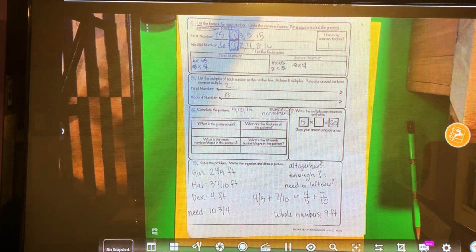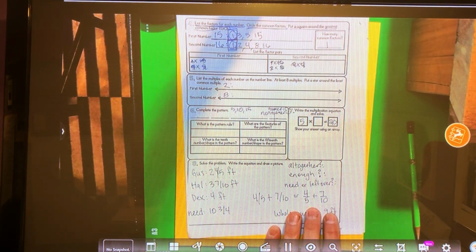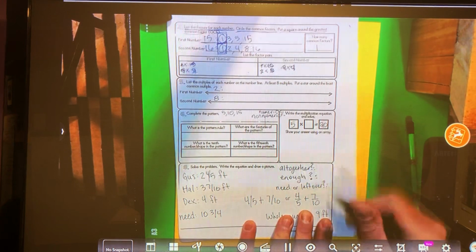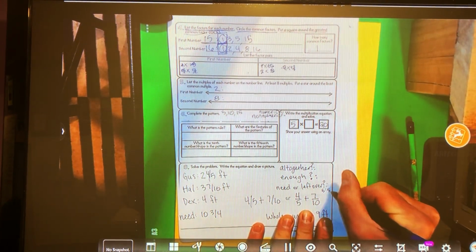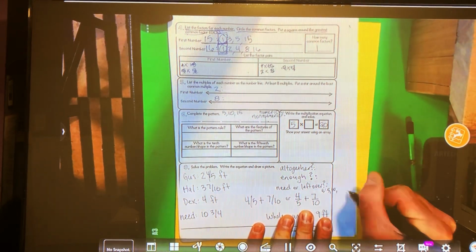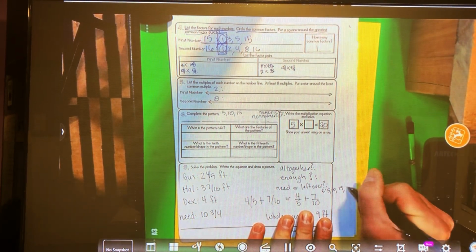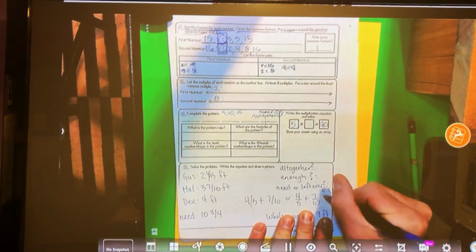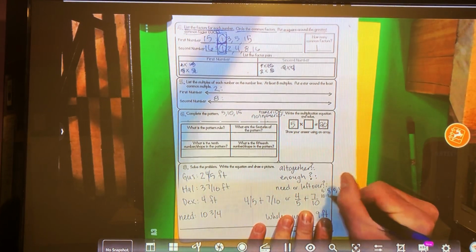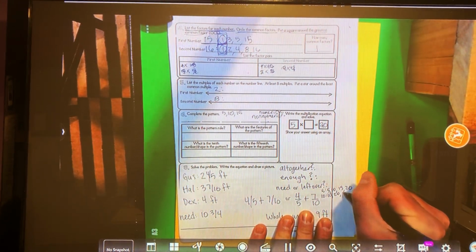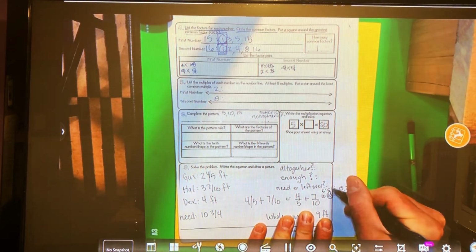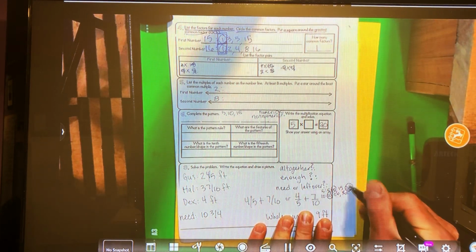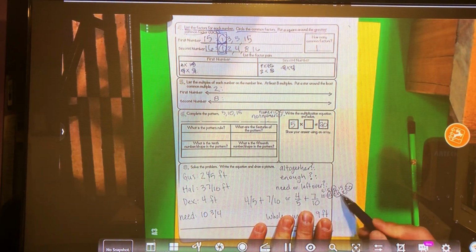So if you're listing the multiples of 5, you have 5, 10, 15, 20. The multiples of 10 are 10, 20, 30. So we have some common ones: we have 10 and we have 20. What is the least common multiple here?